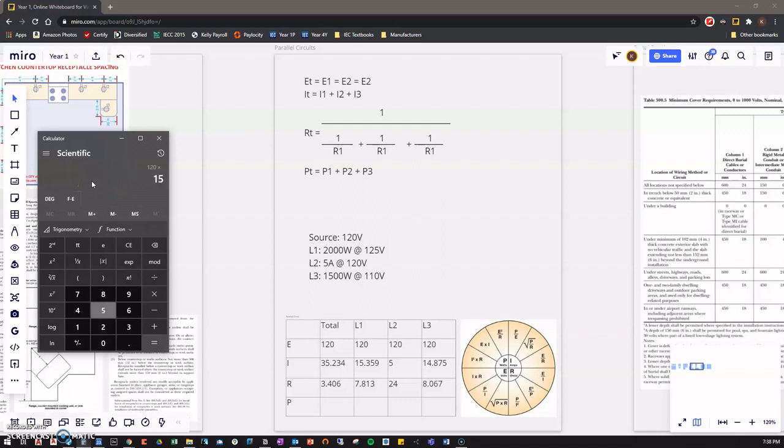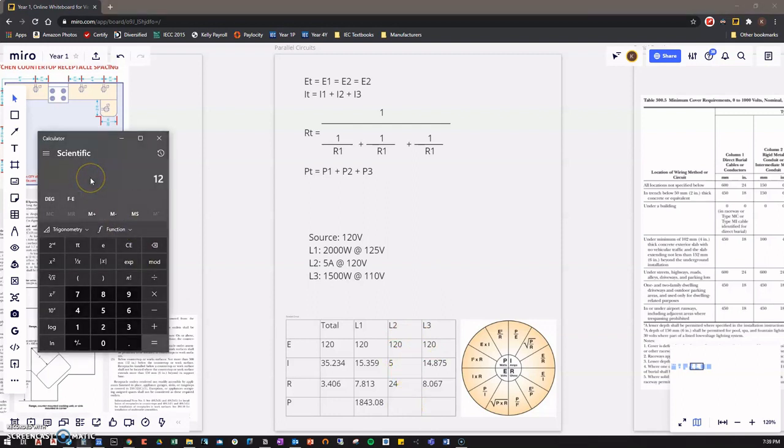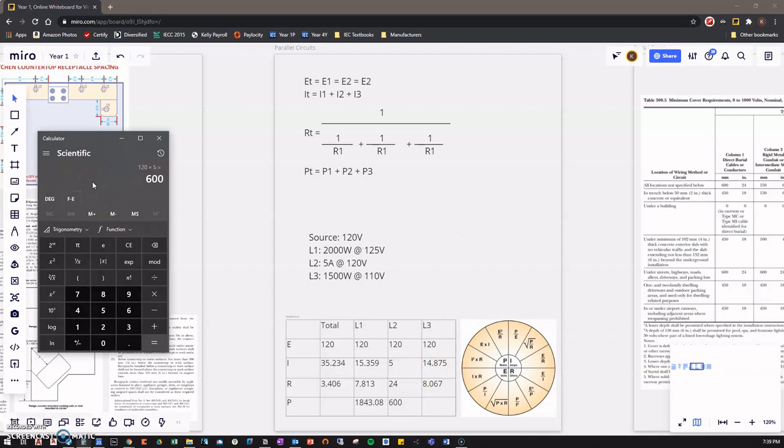So 120 times 15.359 will give us our L1 value of 1843.08. Here again, we'll do 120 times 5 to give us this value here. So we'll say 120 times 5 gives us 600. And then we'll say 120 times 14.875.